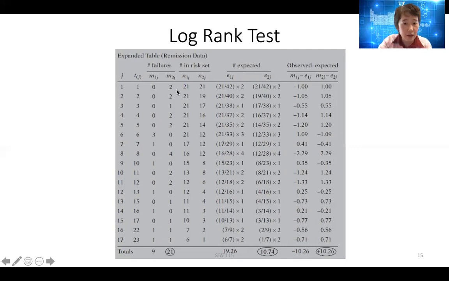This is the number of failures. Failure means either the patient died, or it could be relapse, or whatever event you want to capture. And this is how many patients are still in the set in the two groups, right?